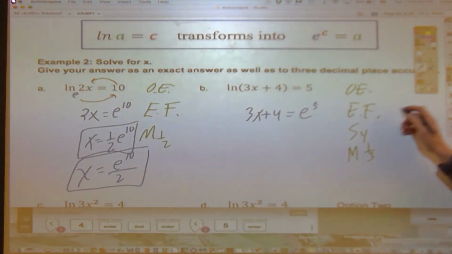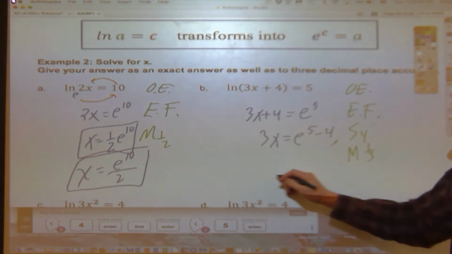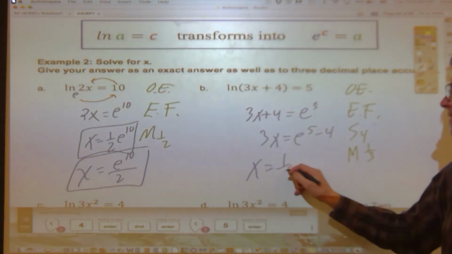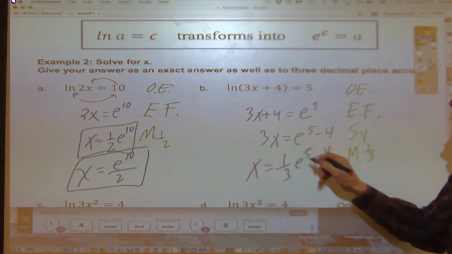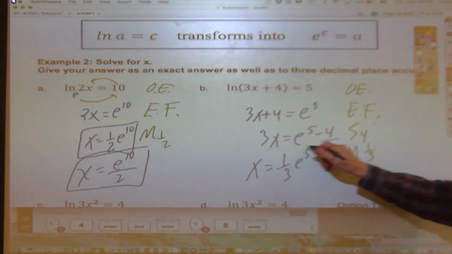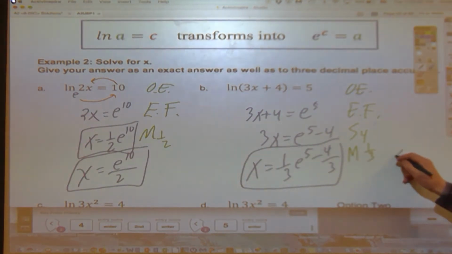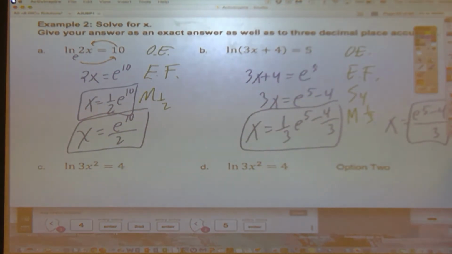So let's see if you can do those 2 steps on your own. Now I came up with 1/3 e to the 5th minus 4/3. If instead you wrote it as e to the 5th minus 4 all divided by 3, then that would be full credit also. Do you have preference over 21 on the test? No.